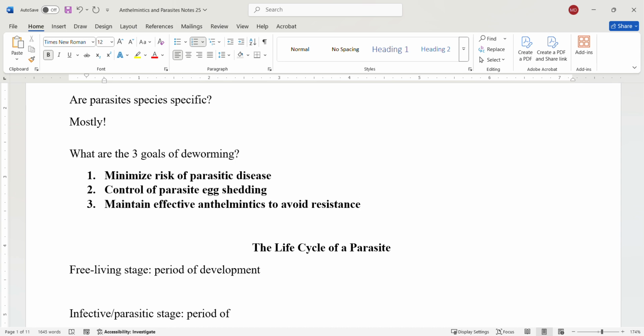And so we'll talk about resistance later as well, but it's similar to what you would think about with antibiotic resistance. Basically, these parasites are losing their susceptibility to these dewormers. The dewormers are just not as effective at controlling these populations. And so we want to make sure the management practices we use to control our parasites are not leading to resistance. We're finding ways to keep these dewormers effective.